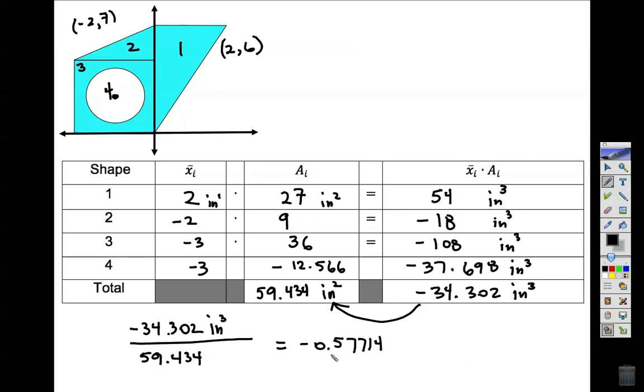That is -0.57714. Inches to the third divided by inches squared is inches.